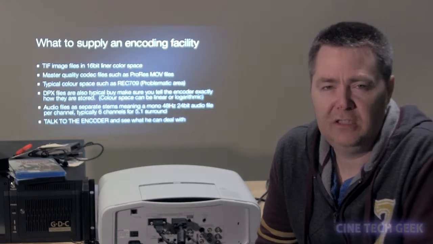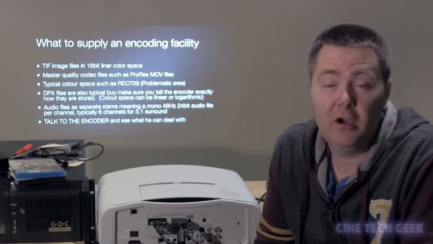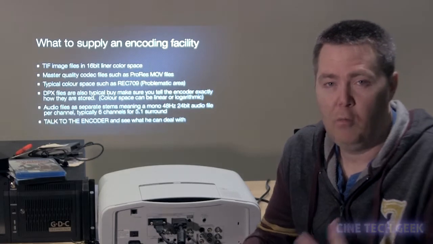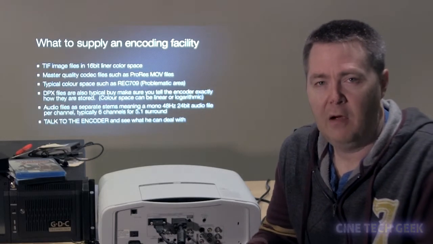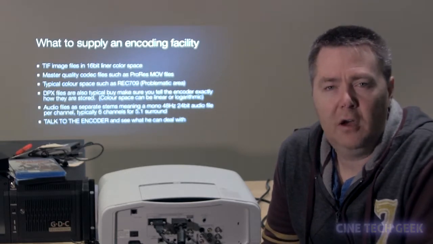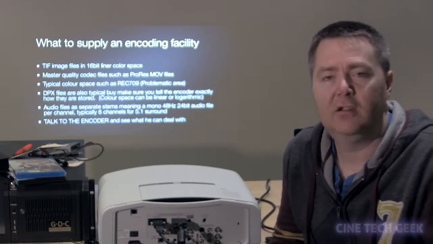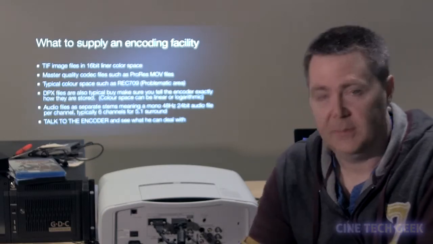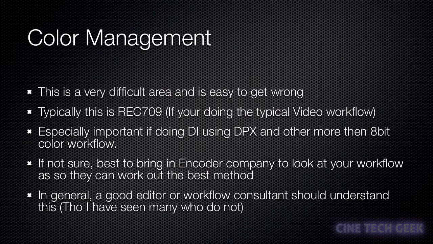Talk to the facility or the encoder, the person doing the work. He would probably have a workflow that he's familiar with, and I would basically try and go down his preference because he's less likely to make any mistakes. Now, like I said before, color management.